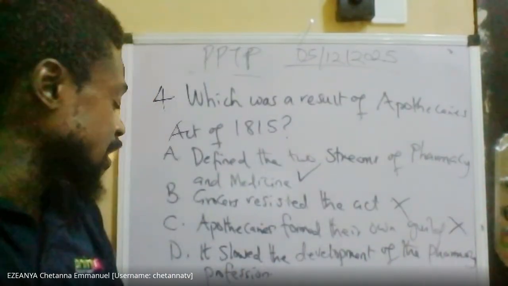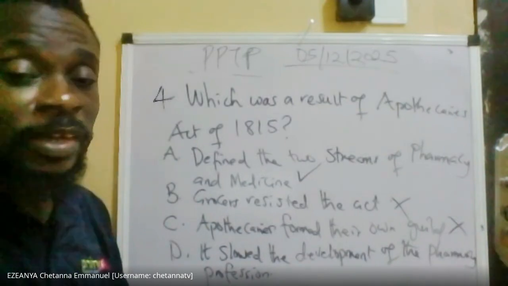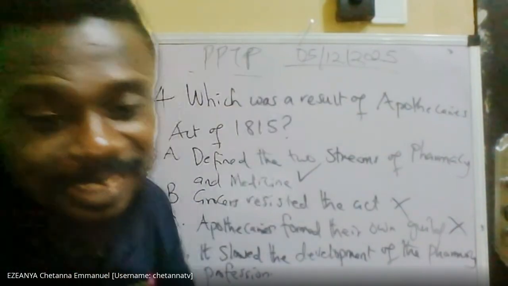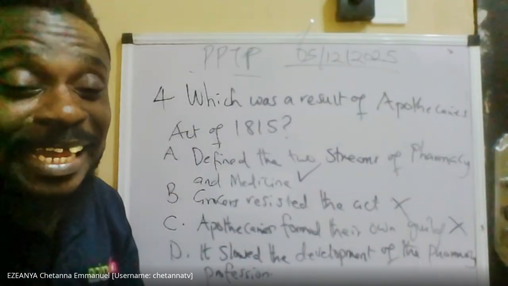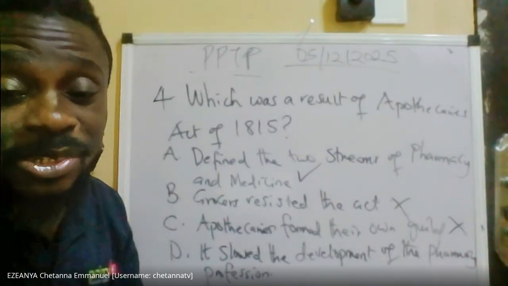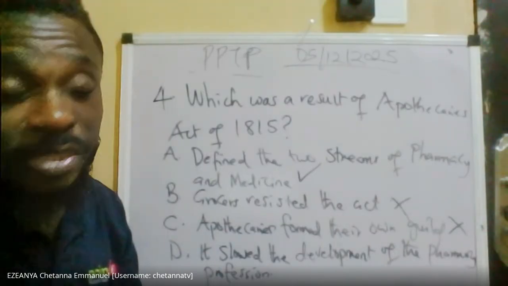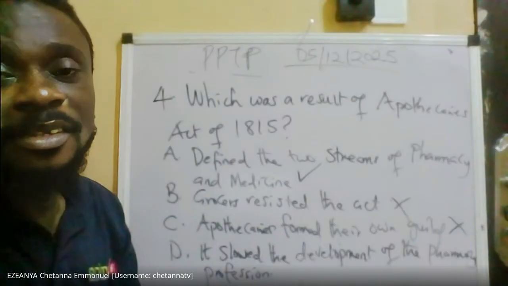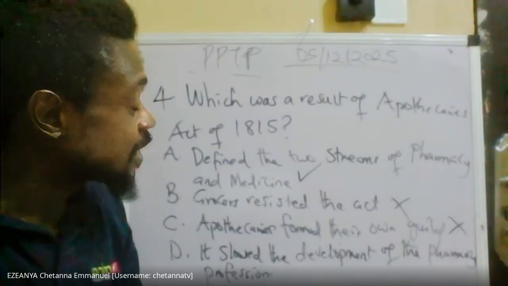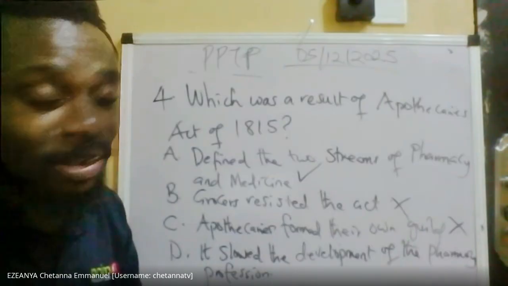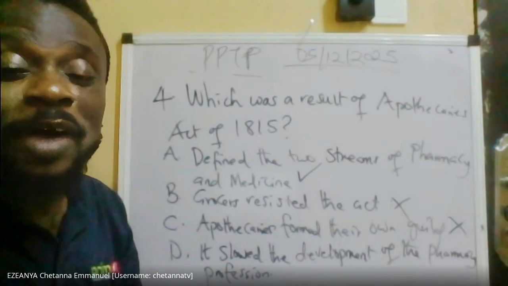Option C says it slowed the development of the pharmacy profession. Hey, wahala. This act did not slow down anything. In fact, it's the opposite, because this act helped a lot in regulating the profession.